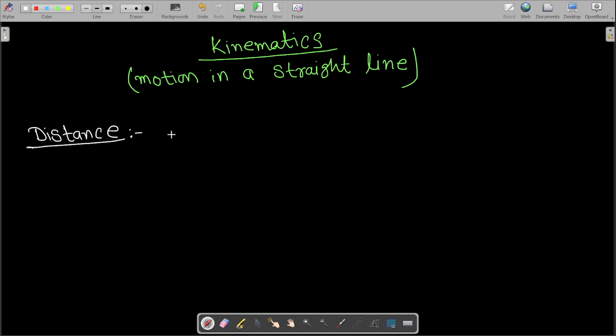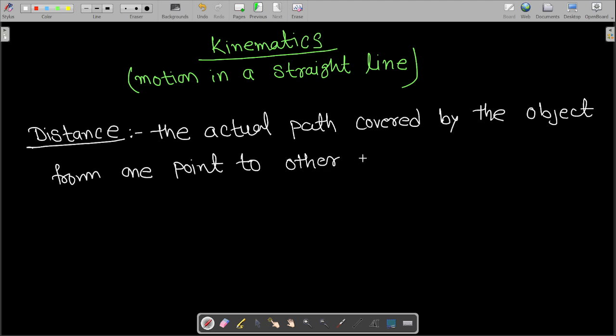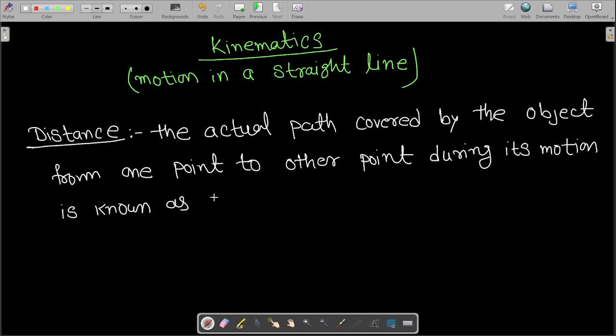Now see, distance is nothing but the actual path covered by the object or something else from one point to other point during its motion, is known as distance.